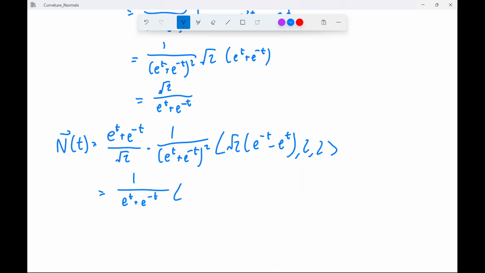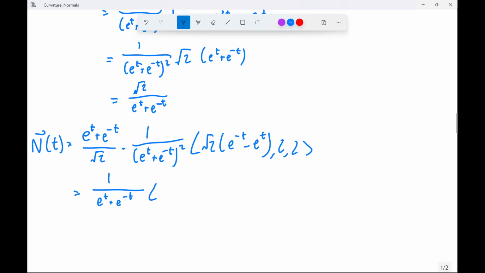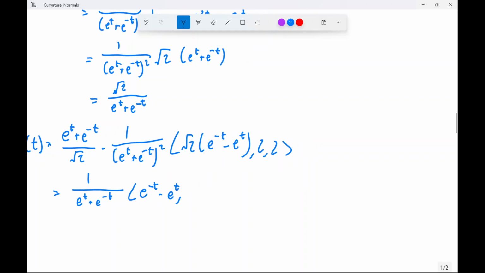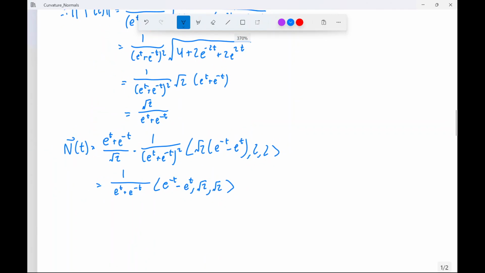I'm putting the square root of 2 inside. So that is e to the negative t minus e to the t, 2 over root 2, and 2 over root 2 is equal to just root 2. Root 2. Okay, and that is our final answer for N of t.